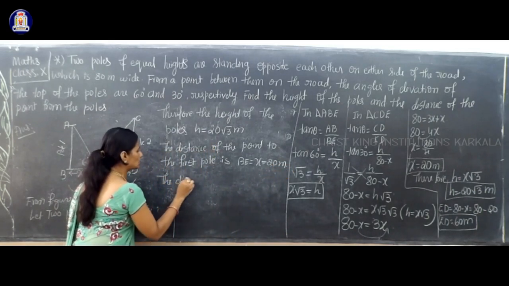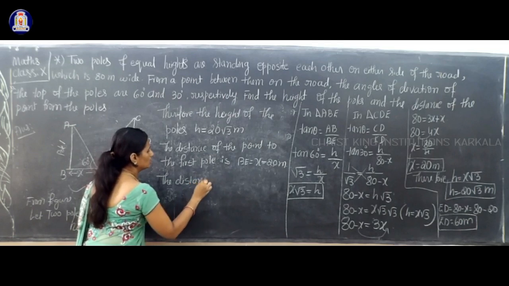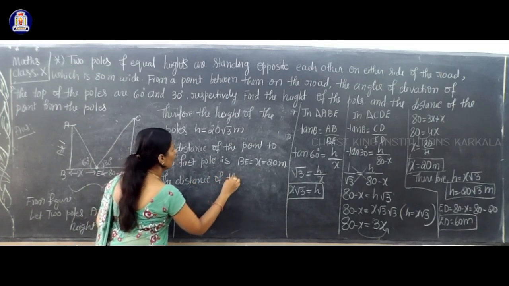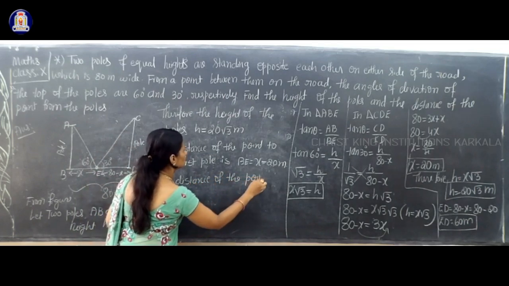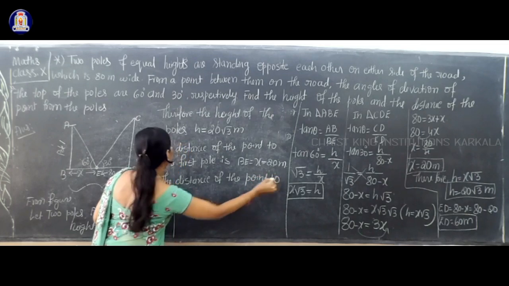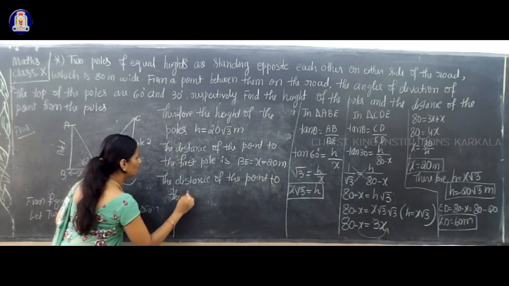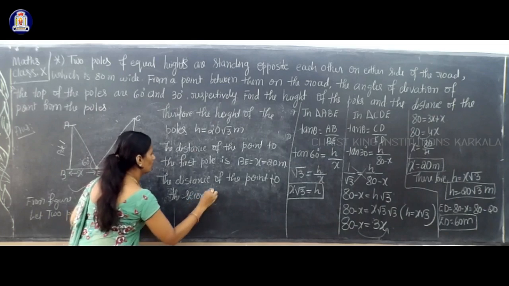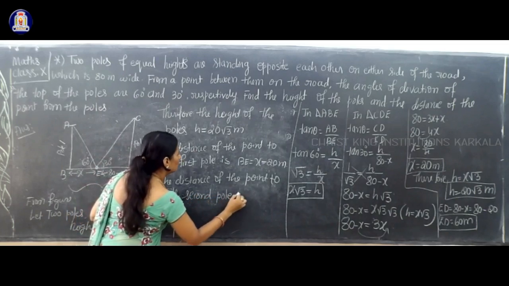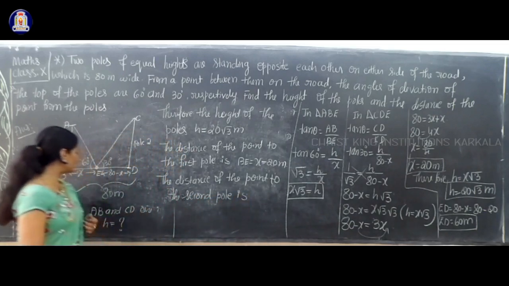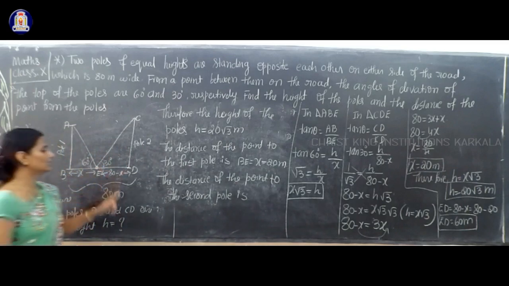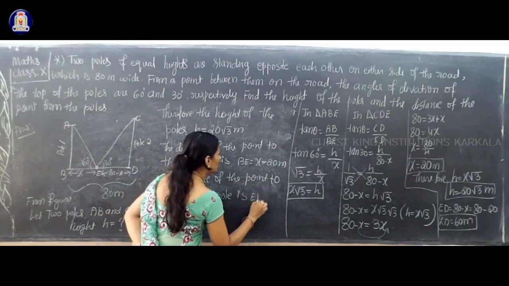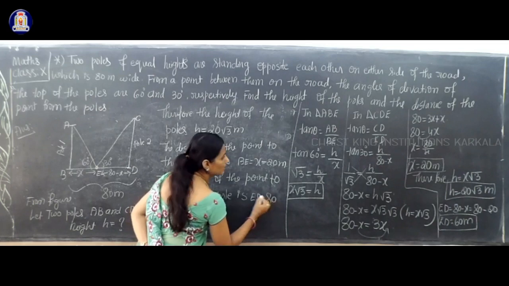Now next one more. The distance of the point to the second pole is, what is the distance to the second pole? It is ED. So ED is equal to what? 80 minus x.